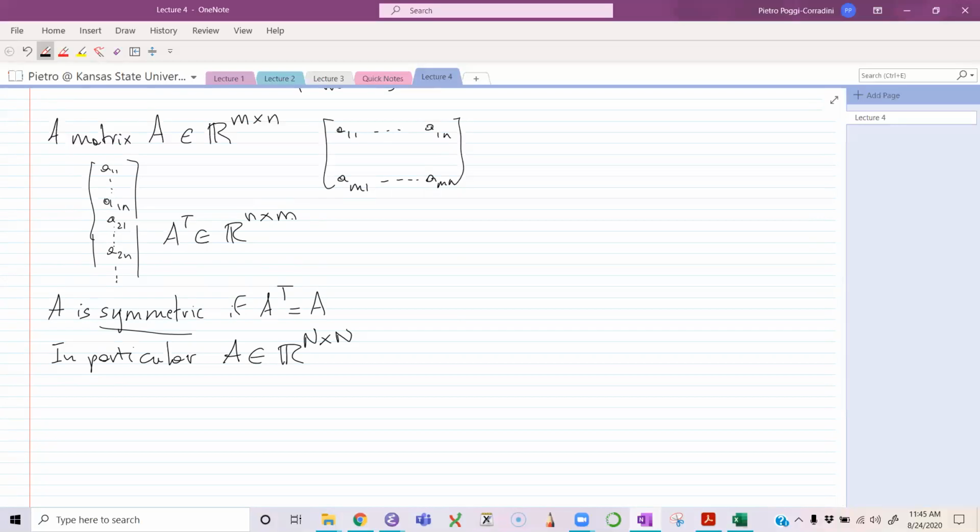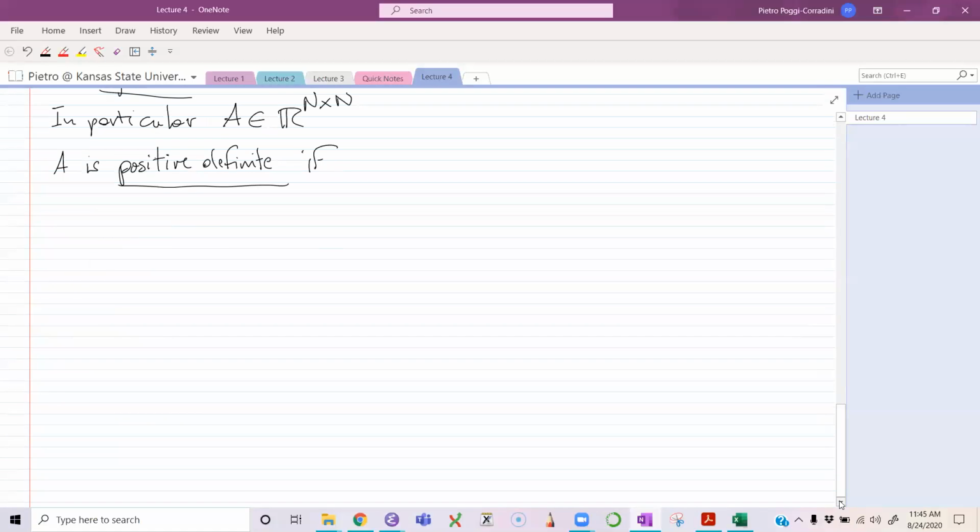What about positive definite? A is positive definite. This is a property about the quadratic form associated with A. The quadratic form is an expression, right?